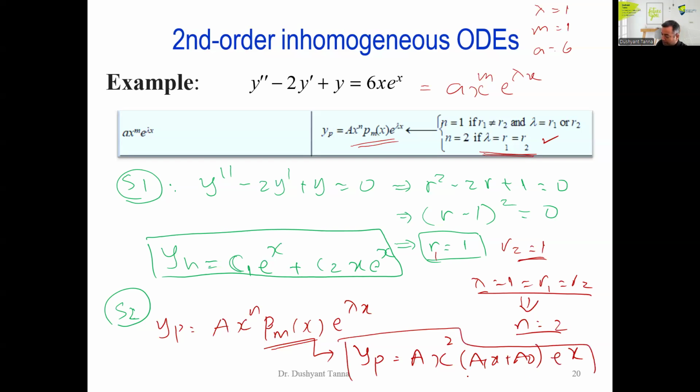This is my y_p. A as it is, n is 2, as we have chosen n is equal to 2, because it meets this criteria. P_m is a polynomial in x. Since you're talking about x square, it will be A1x plus A0. If it was x power 3, we'd have gone for A2x square, A1x and A0. I think this is one of the earlier questions. And e power x, right? Once you determine, again, be extra careful in choosing your y_p. Once that's done, it's fixed. Take y dash, y double dash, put it in the equation, compare the left and right, find the unknowns. Okay?